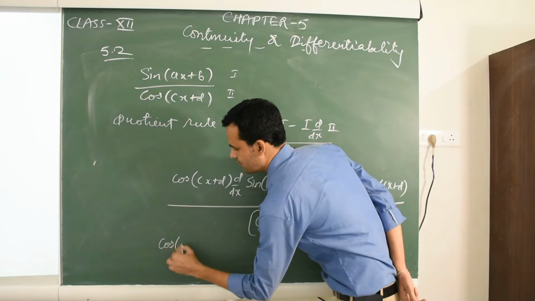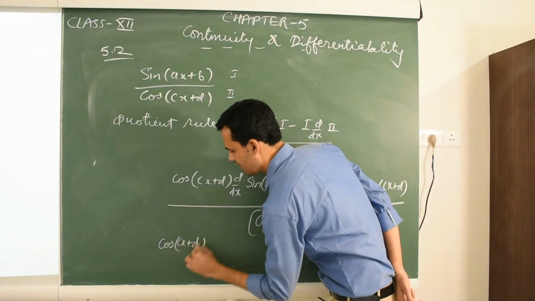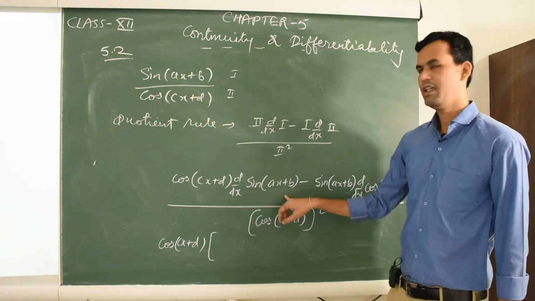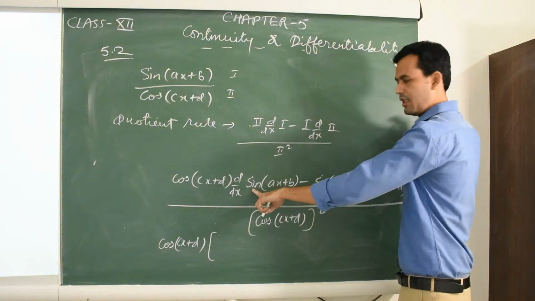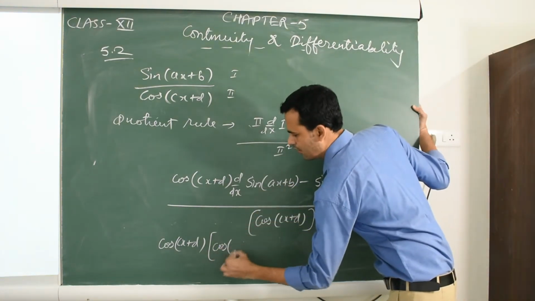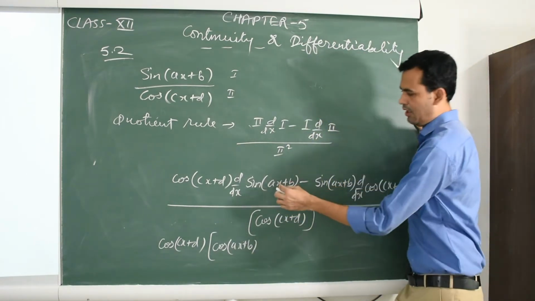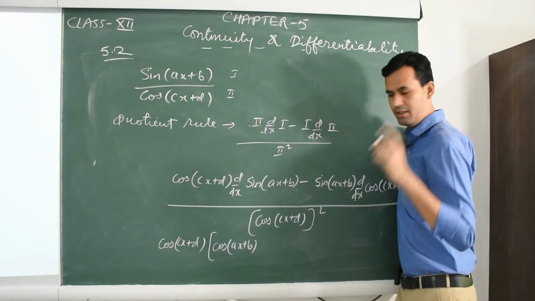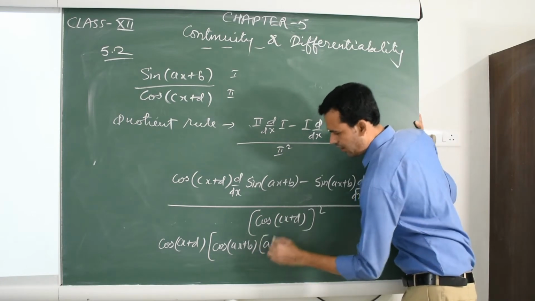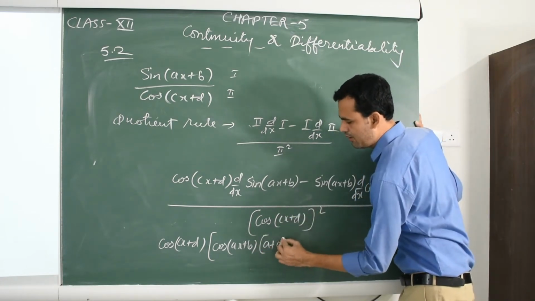Okay. Now we differentiate it. So cos(cx+d) as it is, d/dx of sin(ax+b): d/dx of sin is cos(ax+b) as it is. Now we differentiate this ax+b. Differentiation of x is 1, so a, and differentiation of b is 0.